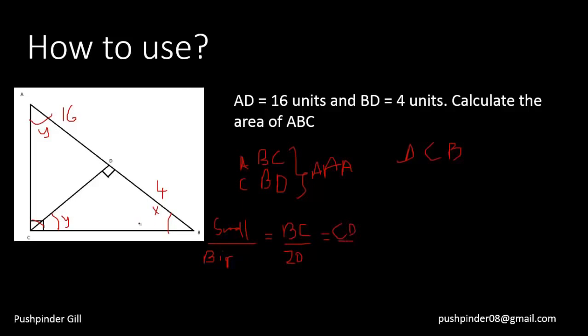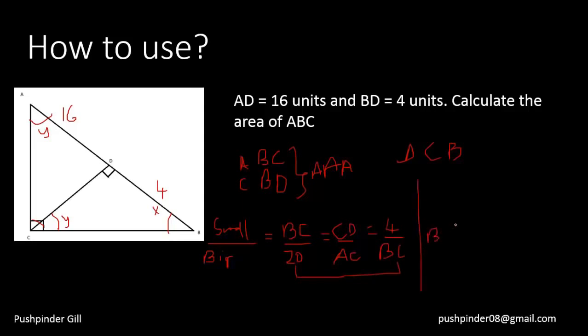And what is opposite to X for the bigger triangle? That is AC. Similarly, what is opposite to Y for the smaller triangle? That is 4. And what is opposite to Y for the bigger triangle? That is BC. So I just got this equation and I can see that I have to use this and I have to use this.